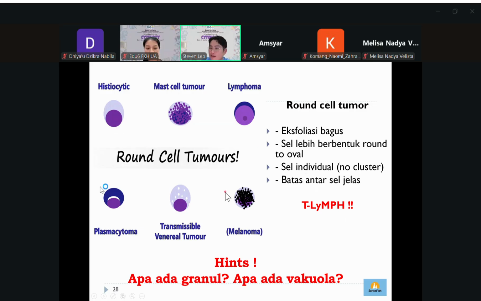Then how do we differentiate between this and another cell? Let's discuss after this. The round cells have the abbreviation T lymph: transmissible venereal tumor, lymphoma, sorry, then the mast cell, plasmacytoma, and then the histiocytic. Okay, so the first hint: is there any granules or is there any vacuoles?